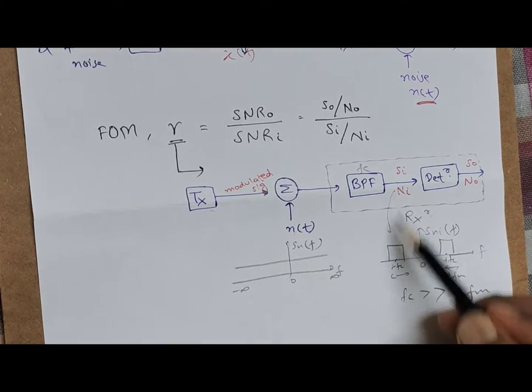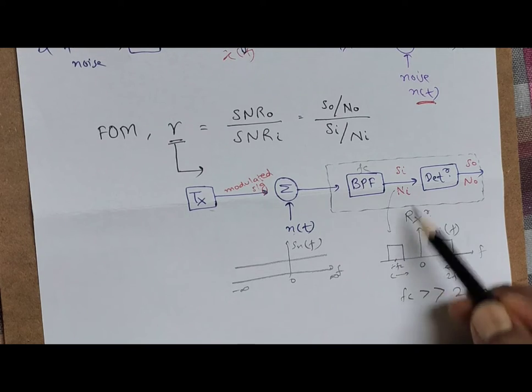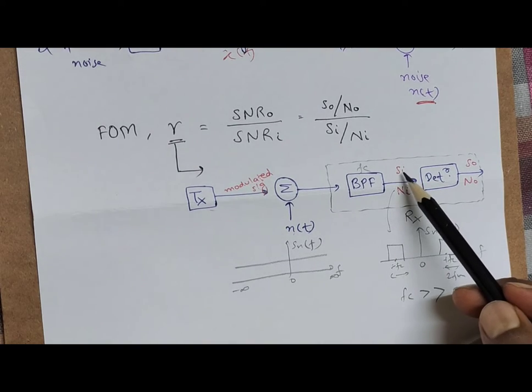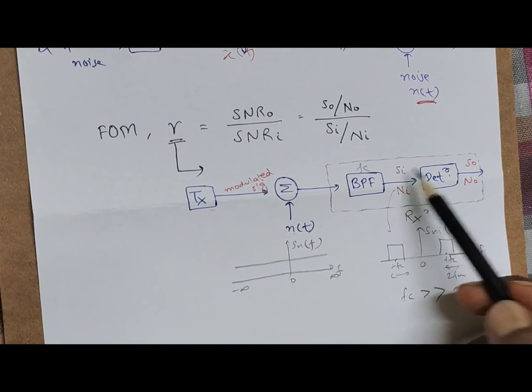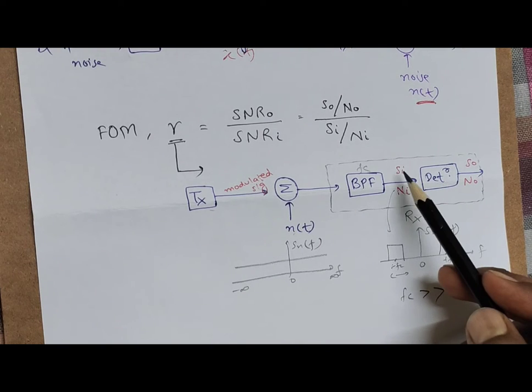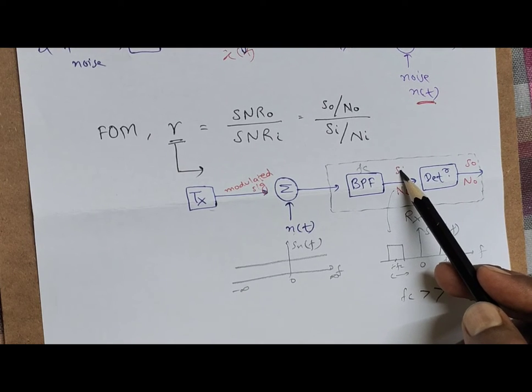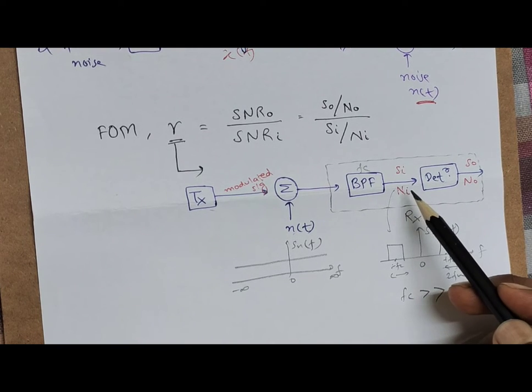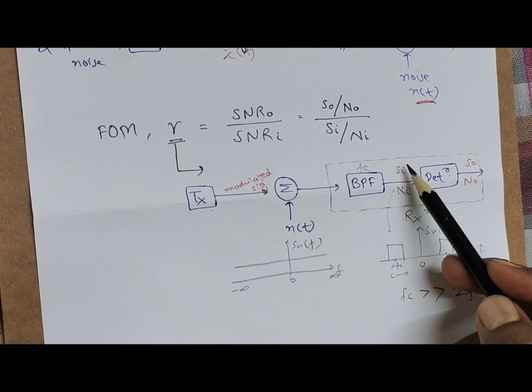This is the noise here, and the power of this noise is given by Ni. Si is the input signal power. In the discussion, whenever we talk about signal, we will ignore noise, and whenever we talk about noise, we will ignore signal.